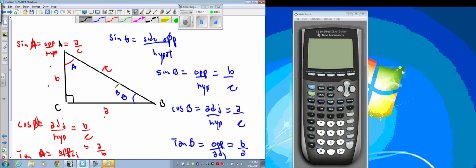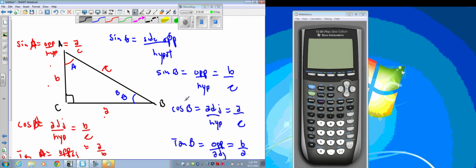Now, notice this: if you take the sine of A, it is equal to what? The cosine of B. Now, sine and cosine are cofunctions. And what's the relationship between angle A and angle B? They're complements, aren't they? The sum of those two angles is 90.